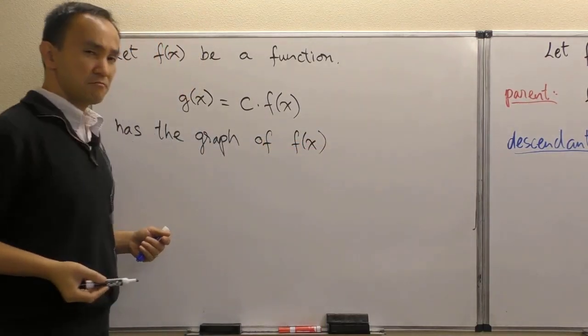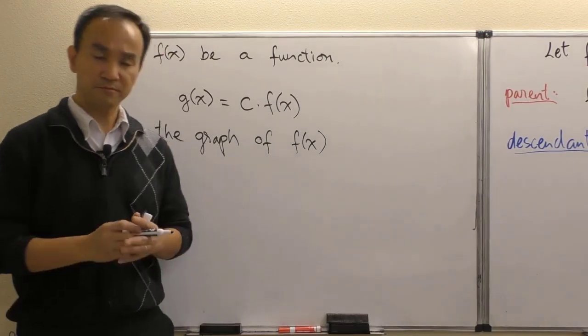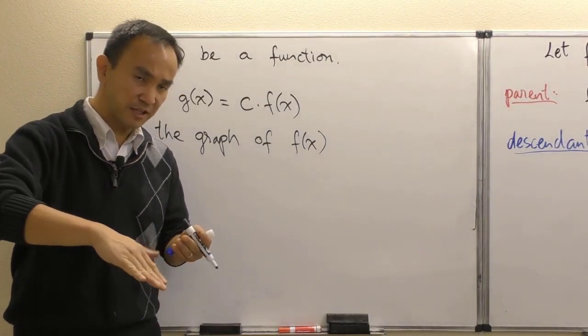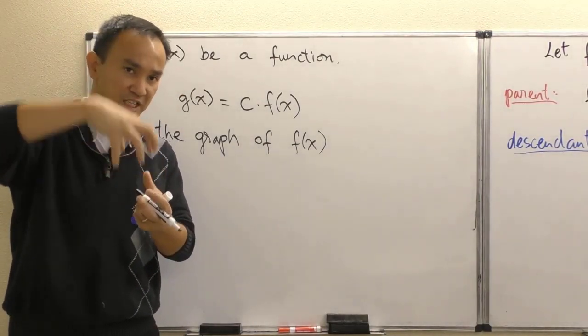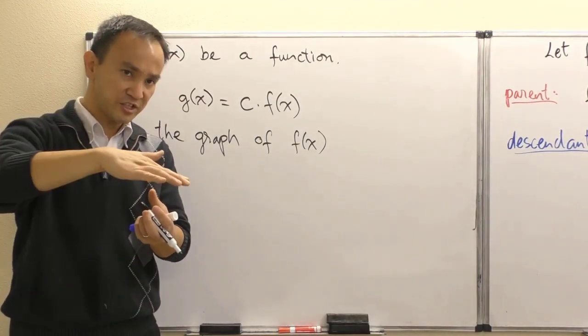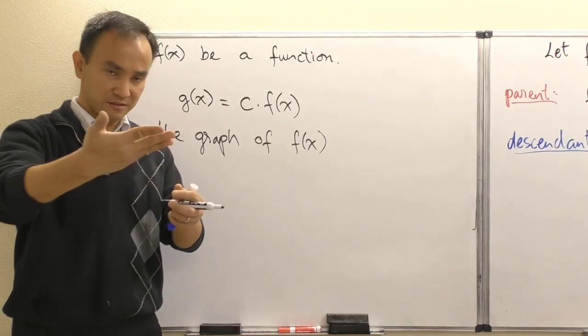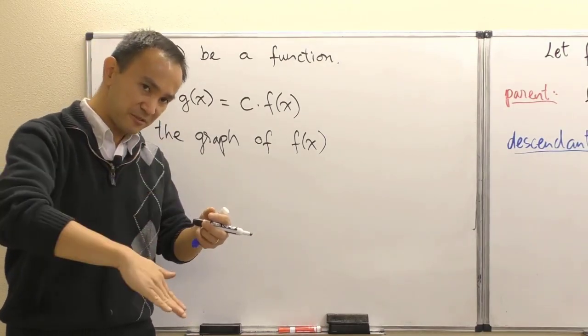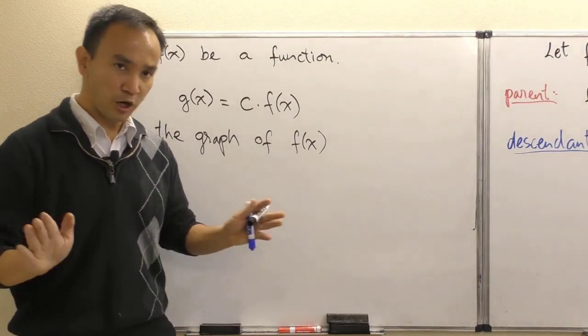But now I'm going to start using my general term. It's being flipped down, or the same way it is but stretched vertically up, stretched vertically down, or being compressed vertically, being flipped down and then compressed. It's all of that, okay?